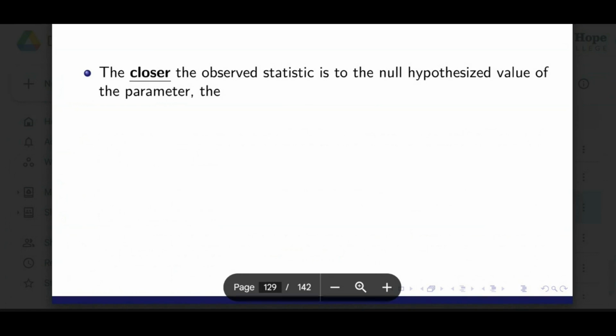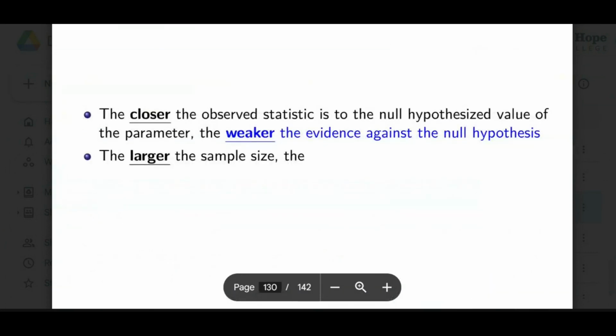The closer what you see is to what you say, the stronger or the weaker the evidence against the null hypothesis? If what you see is really close to what you say in the null, is that strong evidence or weak evidence against the null hypothesis? Weak. Very good. The closer the statistic that you observe, the red, to the blue, the weaker the evidence.